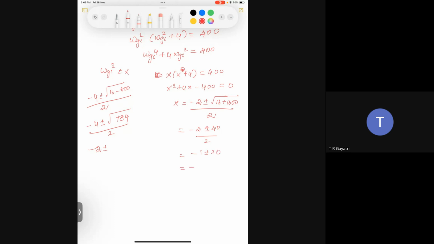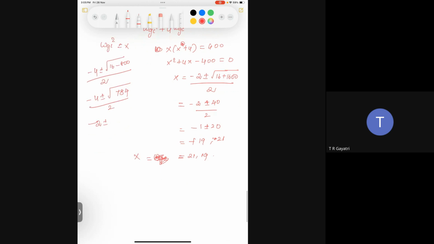It's around minus 22 and plus 18. So those are the values of x. Now we have to find omega gc.